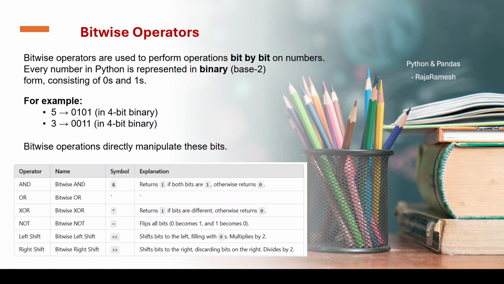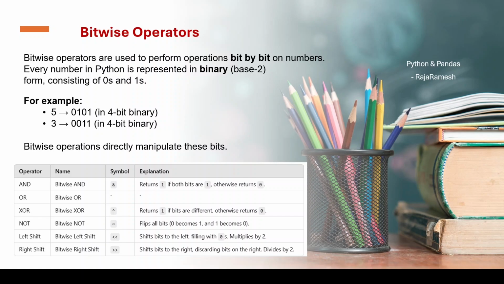For example, 5 can be written as 0101 in binary format and 3 is 0011. So whenever you compare 5 and 3, it is not going to compare 5 and 3 directly, but instead it compares the bits, 0 and 0, 1 and 0, like that.